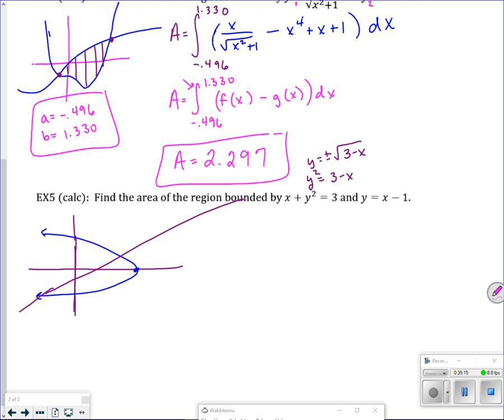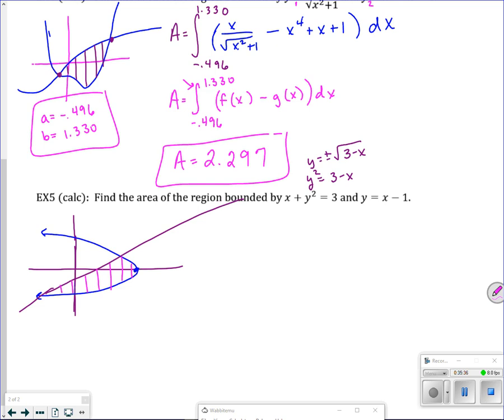Okay. Now here is the point I want to bring out with that one. Do you see your bounded region? Your bounded region is this region in here. Now, here's the issue. In reality, with area, you can choose to do dx or dy for every problem.